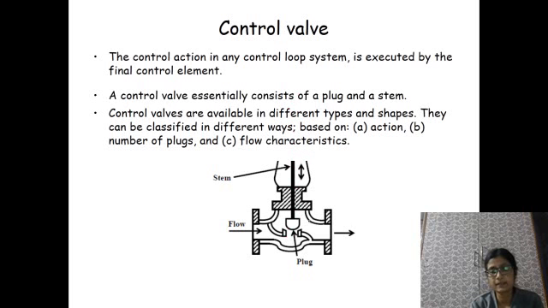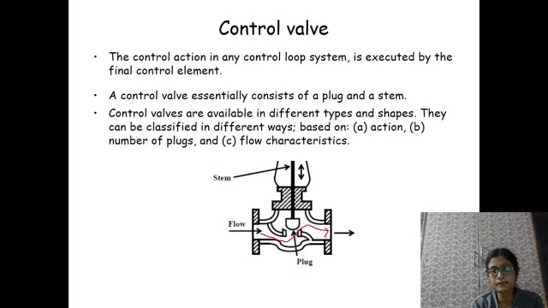As I discussed in last class also, this is the plug and seat arrangement, where the plug, depending on the stem movement, will close or open the seat area, so that the fluid flow path is like this.